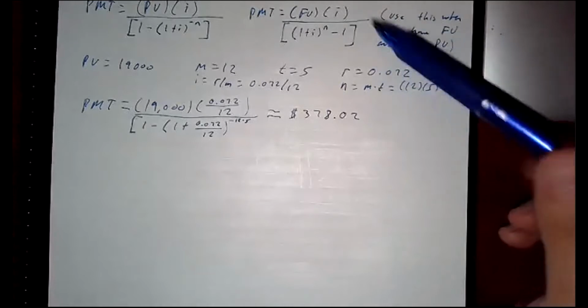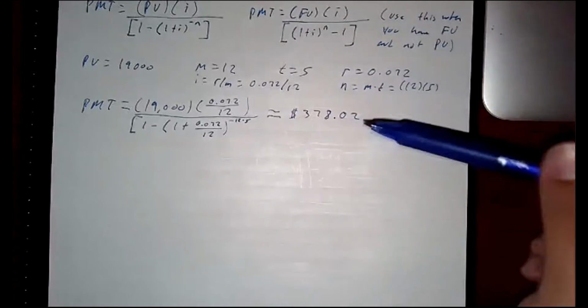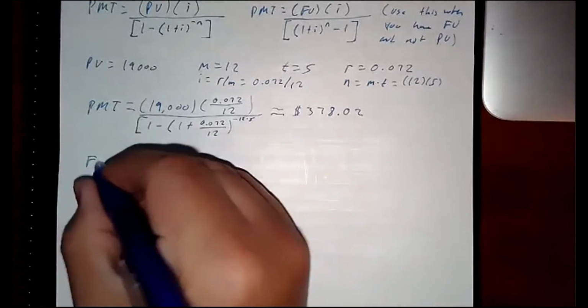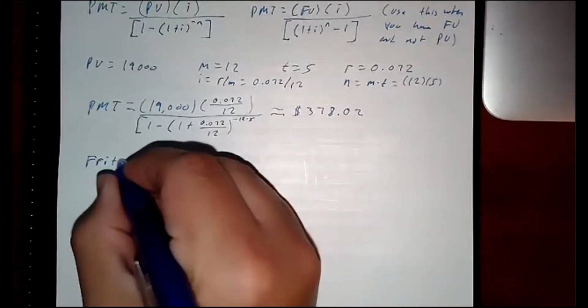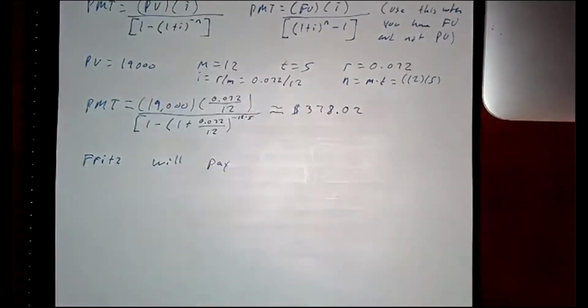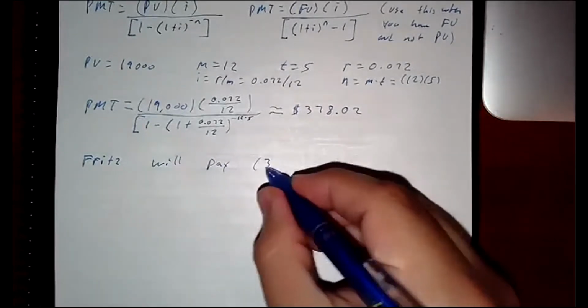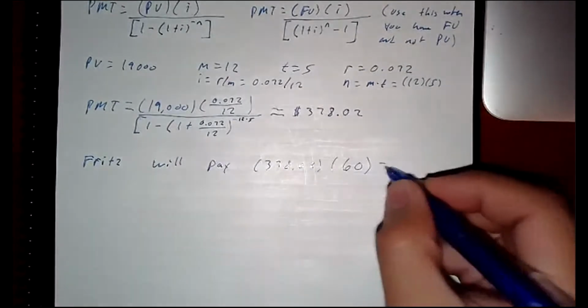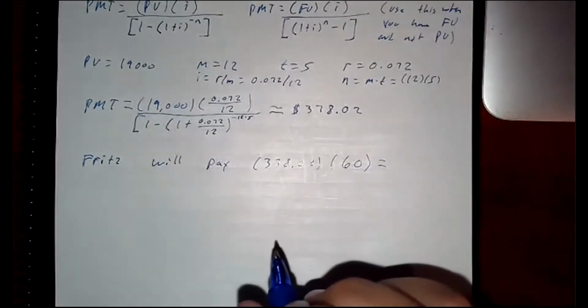So the periods, right? There's a total of 60 periods because there is 5 years, 12 months each. So just so we have the information, Fritz will pay 378.02 times 60 months over 5 years.